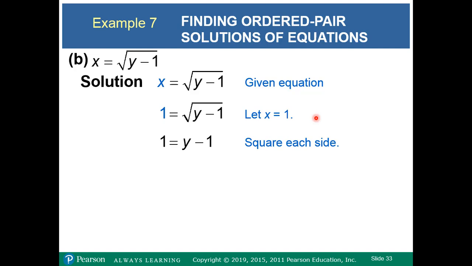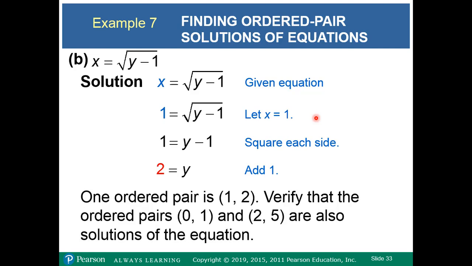And then we add 1 to both sides, and we get y equals 2. So we have one solution, which is (1, 2). And then we can also verify that (0, 1) and (2, 5) are also solutions. And there are others.